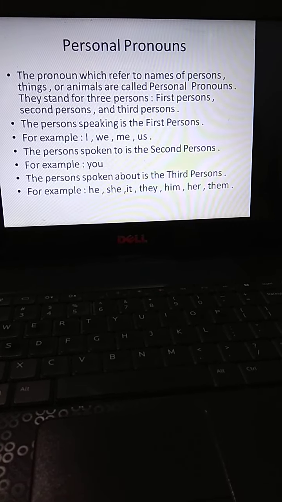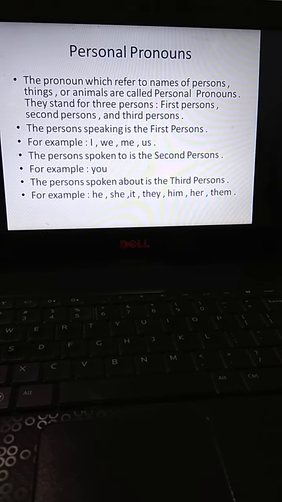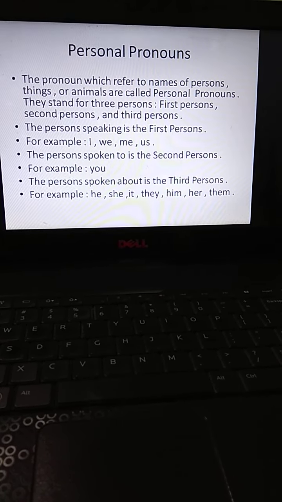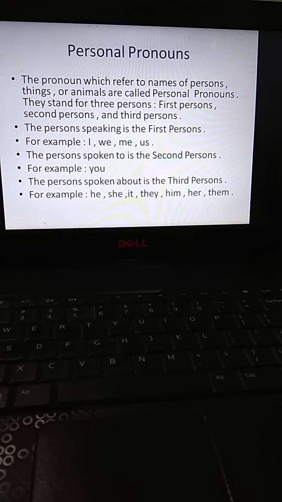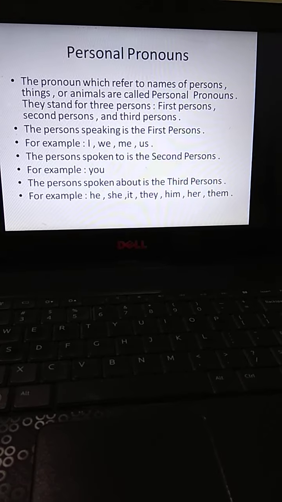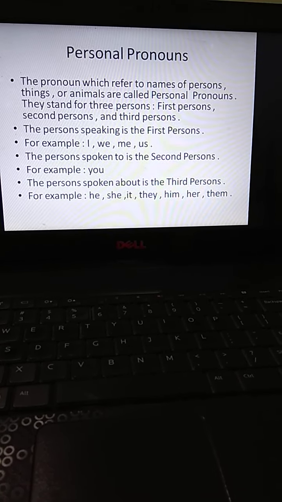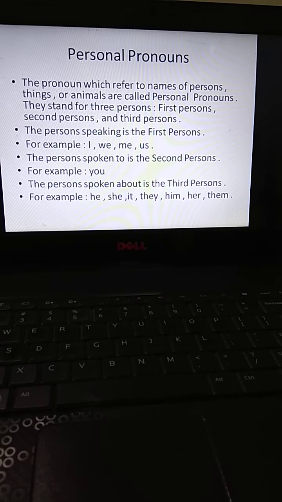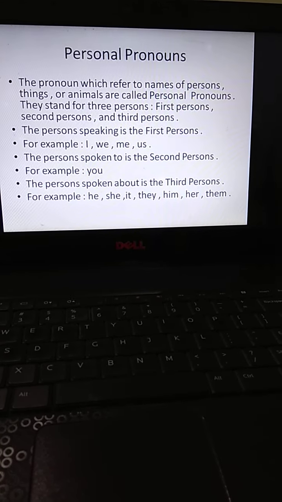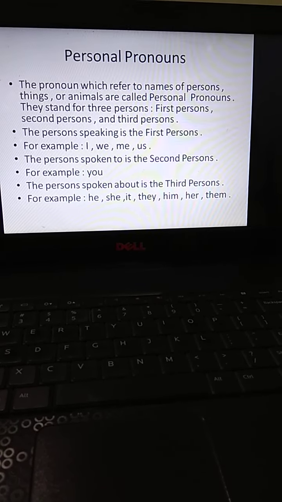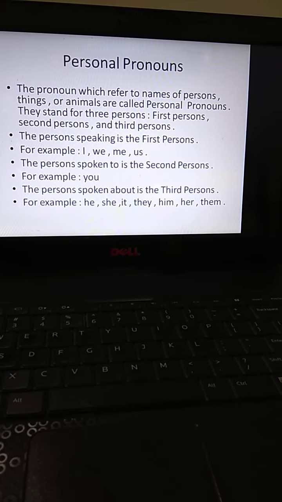For example, he, she, it, they, him, her, them. So, the pronouns which refer to persons spoken of are called pronouns of the third person. For example, he, she, him, her, they, them, it. So, personal pronouns stand for three persons: first person, second person, and third person.